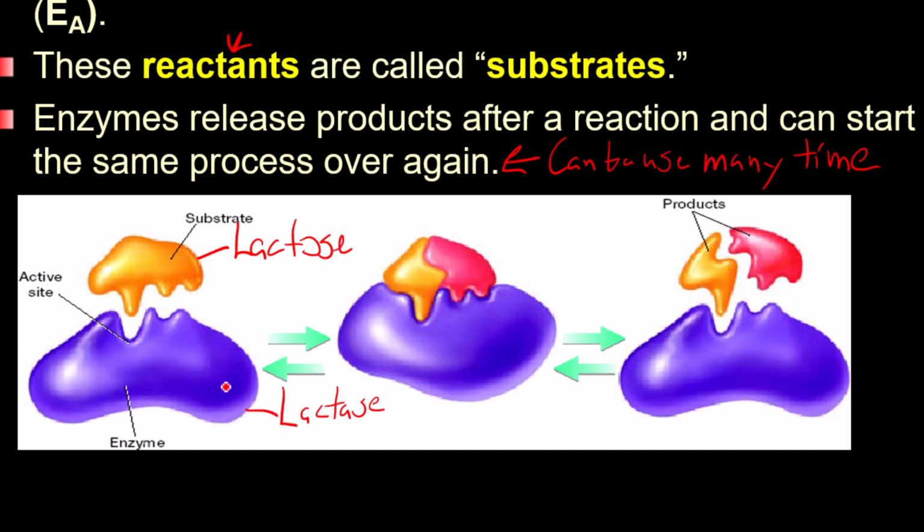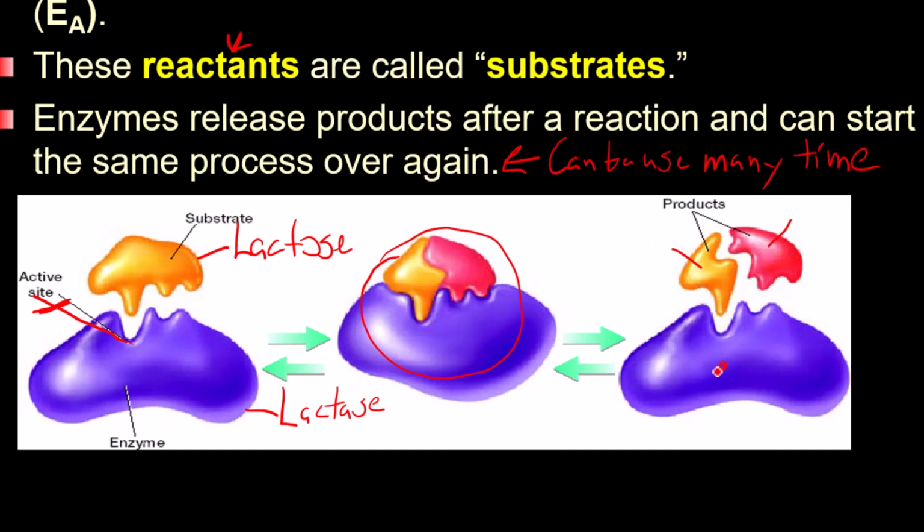What happens here is the lactose bonds to the active site, where the substrate and the enzyme come together. So this is our substrate, and this is the bonded complex where the enzyme and the substrate are bonded together, and then you end up with your two products here.